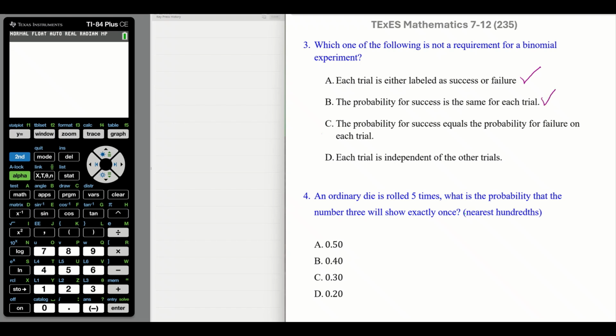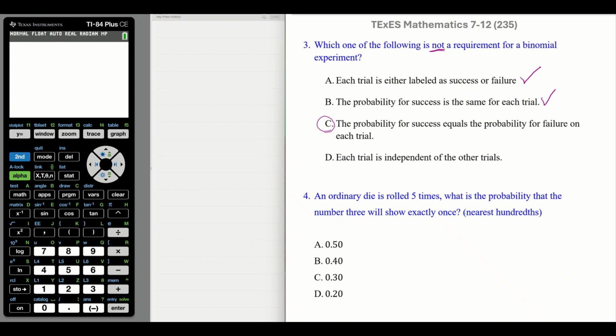Okay? The probability for success equals the probability for failure on each trial. Let's think about this. If you're rolling a die and you want a 6, and that would be considered a success, all the rest, because getting a number 6 on a die is 1 out of 6. Everything else is 5 out of 6. So I'm saying that this is not a requirement.